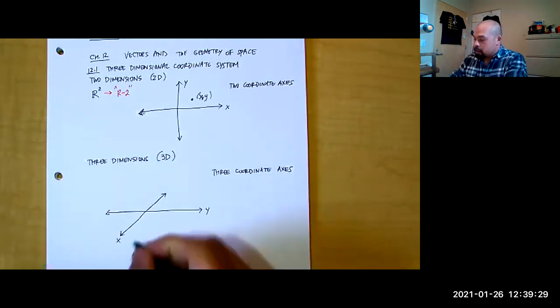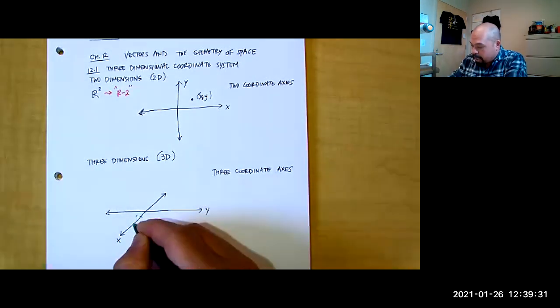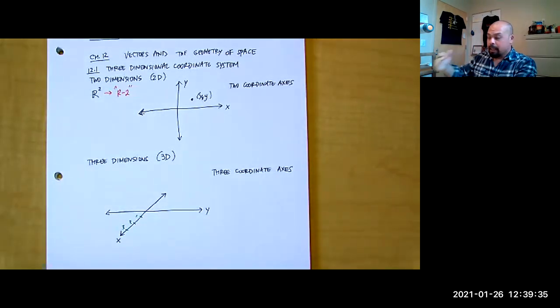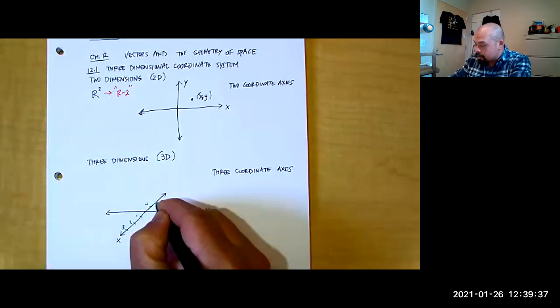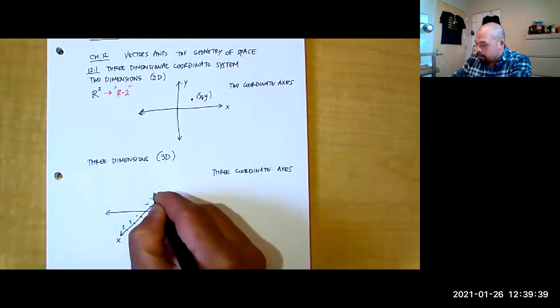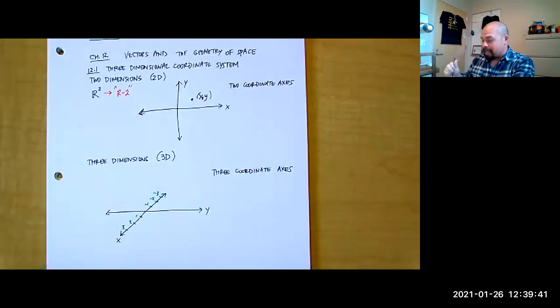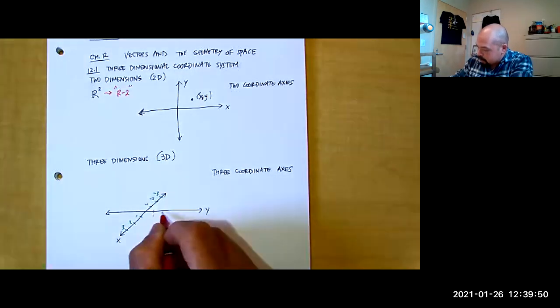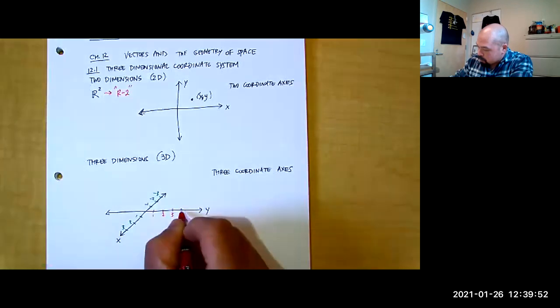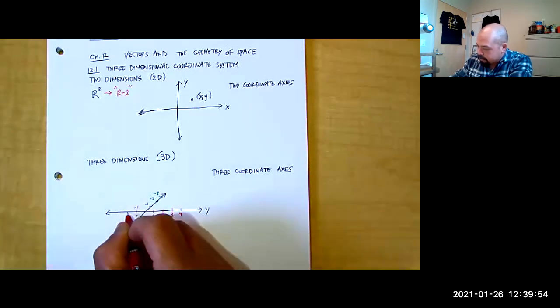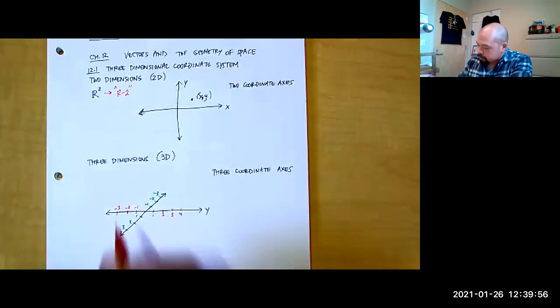We have positive x's coming out towards us, negative x protruding back behind that paper. For the y coordinates, positive to the right, negative to the left.